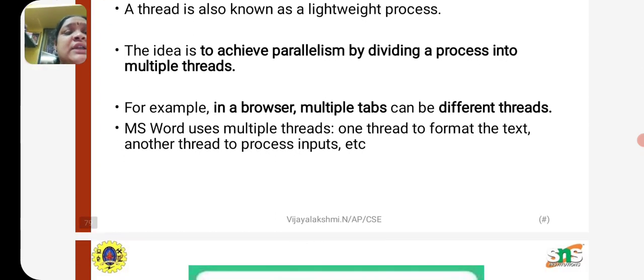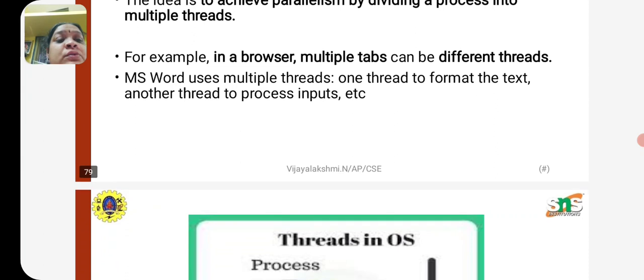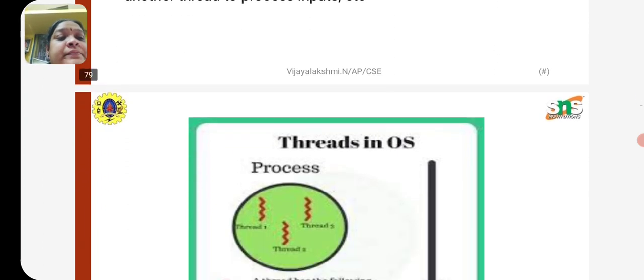Say, for example, a real-time example: a browser with multiple tabs, where each tab can act as a different thread. MS Word uses multiple threads, one thread to format the text, another to process inputs.